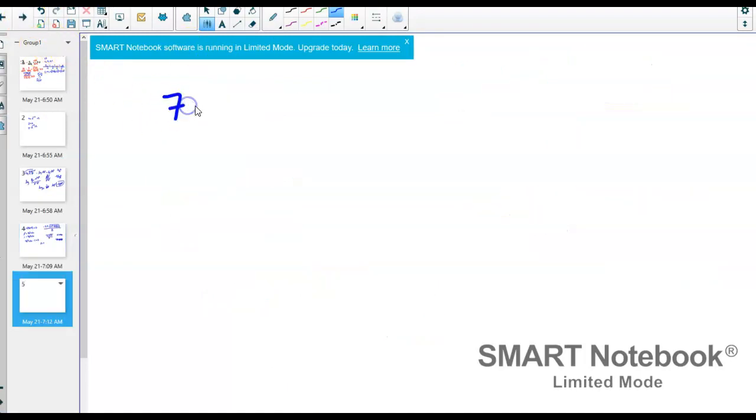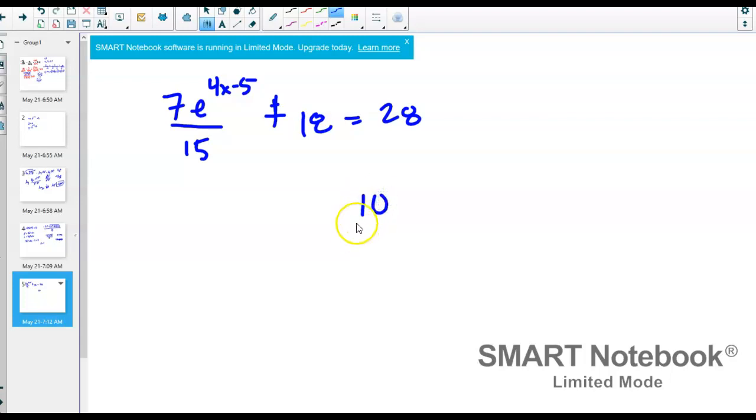So again, 7e to the 4x minus 5, that's all over 15, and then plus 18 equals 28. So I'm going to minus the 28 over. That'll give me 10. Then I'm going to times by the 15, which will give me 150, and then I'm going to divide by 7. Once I've got that, I can leave that.